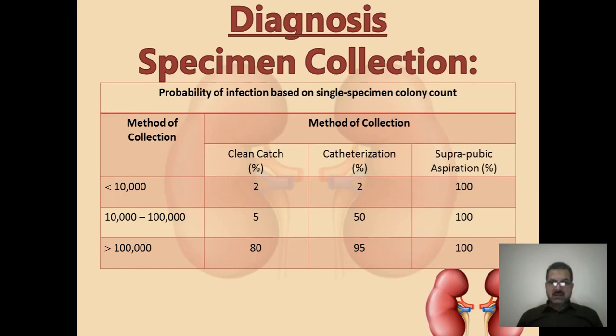Second line, as I told you, is catheterization, clean in and out insertion of a genitourinary catheter, but it needs a higher number of bacteria. And last, the clean catch, midstream urine, where we usually need more than 100,000 colonies to diagnose the infection.